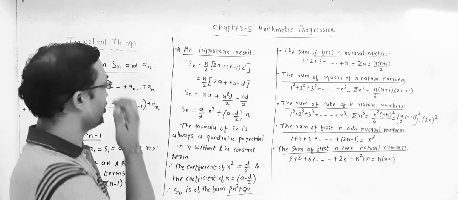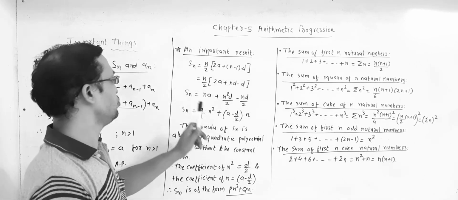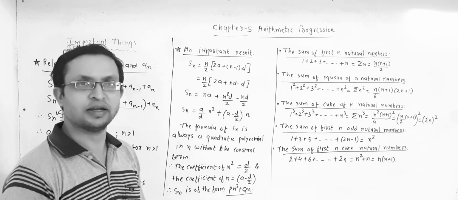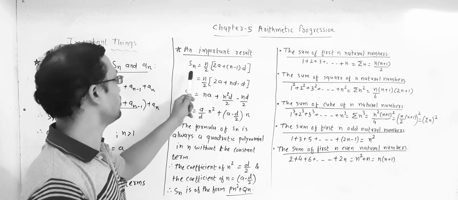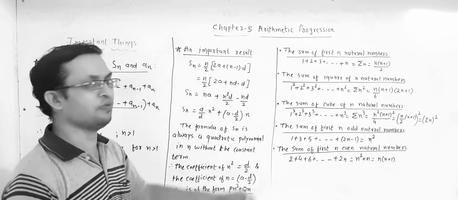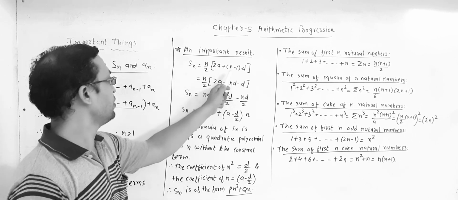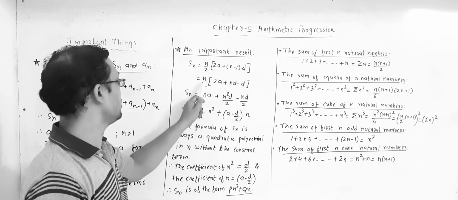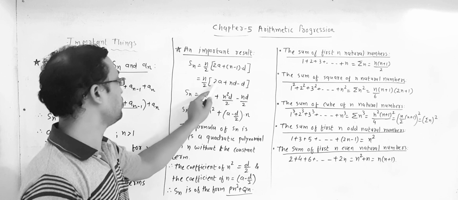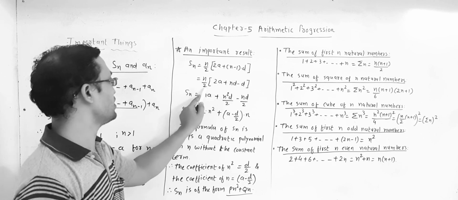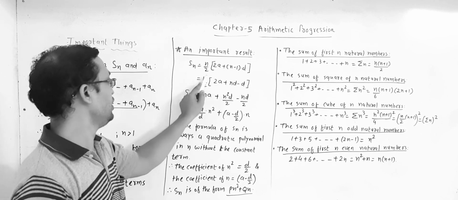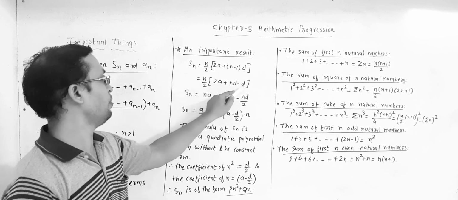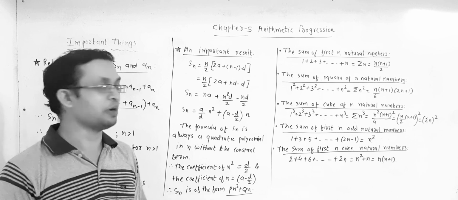Second, an important result. You know the formula of Sn is n by 2 into 2A plus n minus 1 into D. Simplify the bracket: 2A plus nD minus D. Multiplying n by 2 with 2A gives nA. Then n by 2 times nD is n square D by 2, and n by 2 times D is minus nD by 2.